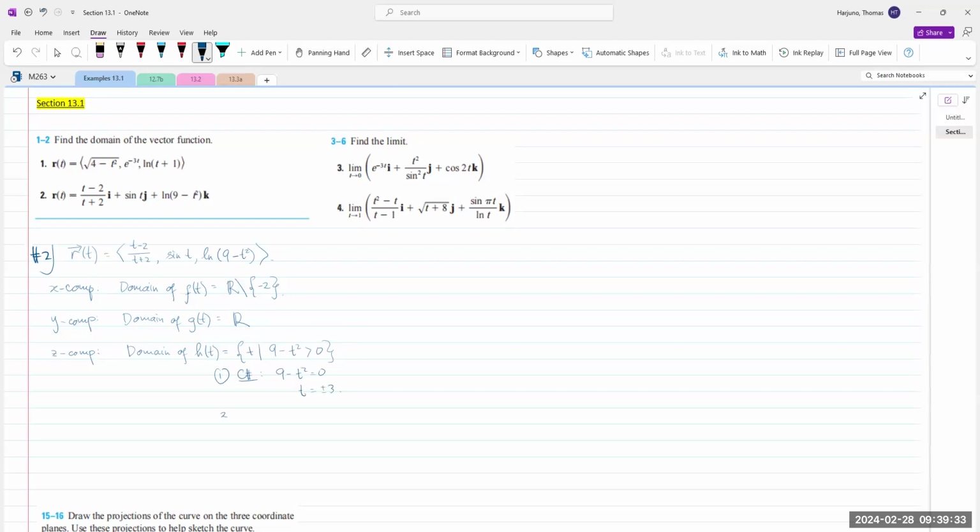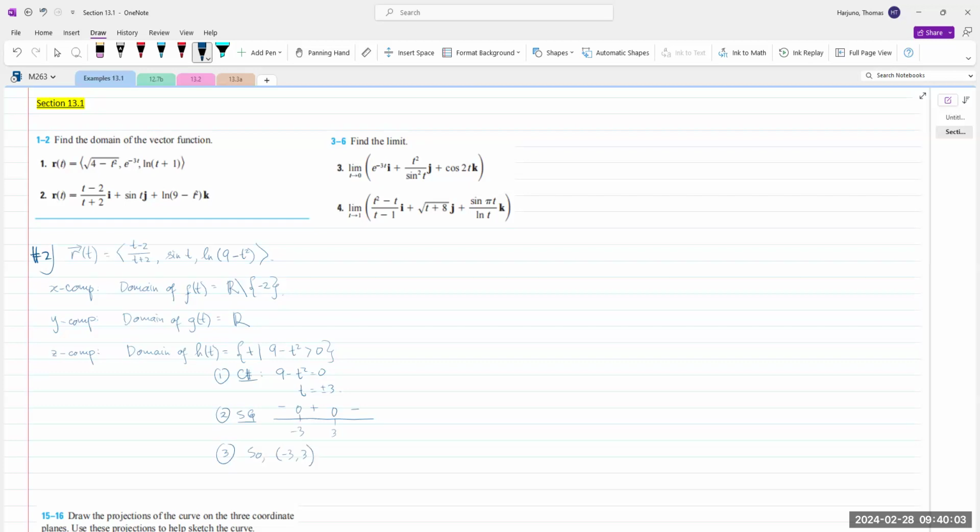Second, we do the sign graph. We learned this in Calc 1, by the way, and supposedly in pre-calculus when we solve polynomial inequalities. Negative 3, and then 3, that's 0 here; positive, negative, negative, and we need the positive part. So the domain here will be between negative 3 and 3, right?